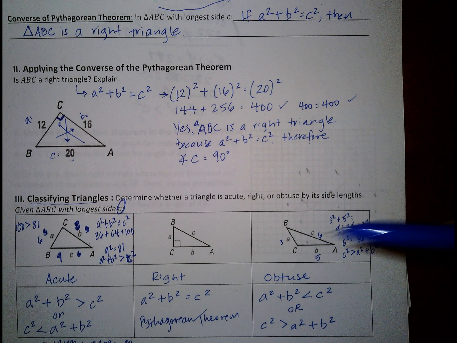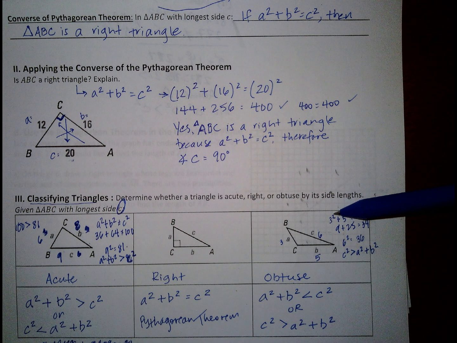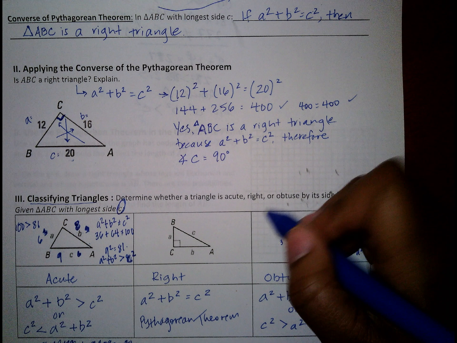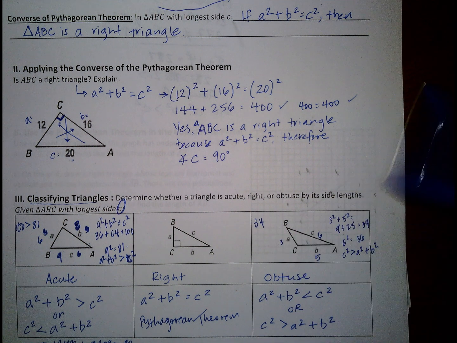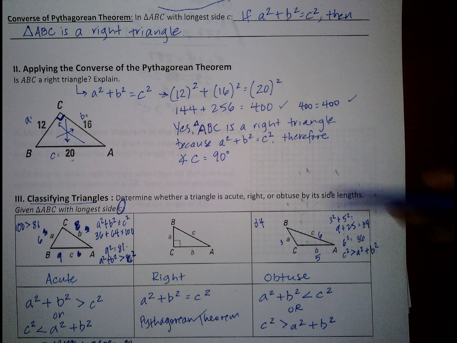So I just made these up, I gave myself some side lengths to work with, just to test this theory. So we have 3 squared plus 5 squared, which is 9 plus 25, which is 34. Then the longest side is 6, and 6 squared is 36.